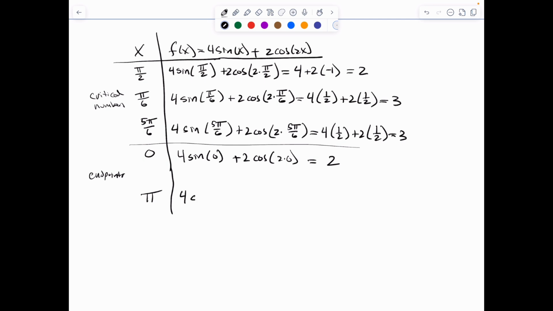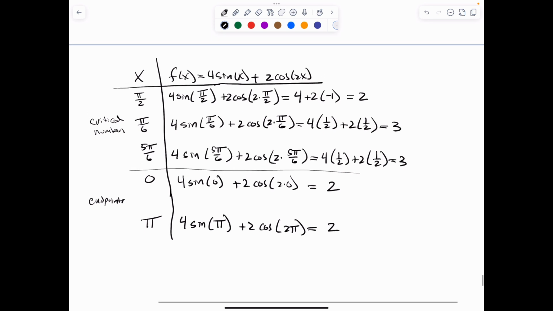And then 4 times the sine of pi plus 2 times the cosine of 2 pi. And there again, I believe we just get 2. Wow, this doesn't feel right to me. Let me double check some stuff.